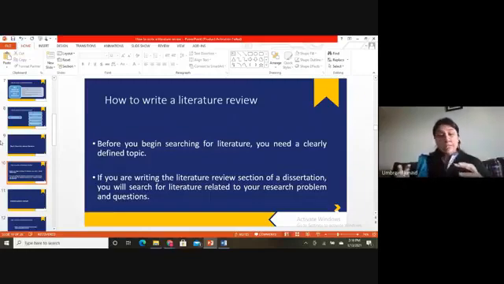Maybe my research questions, my research statement is actually giving me keywords. We call them keywords. What those keywords are? History, architecture, design. For example, मेरा topic है exploring the intricate designs of historical architecture of Lahore. ये मेरा topic है.